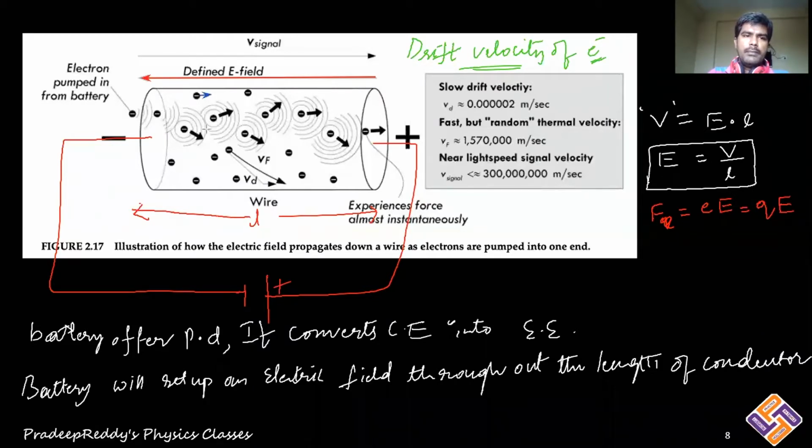So all electrons will be carried in the same direction, which is opposite to the direction of the electric field, because every charged particle, as it is a negative charge, will travel in the opposite direction to that of the electric field. As a result, you can see that all the electrons are forced to move in a particular direction from the negative terminal to the positive terminal of the battery.